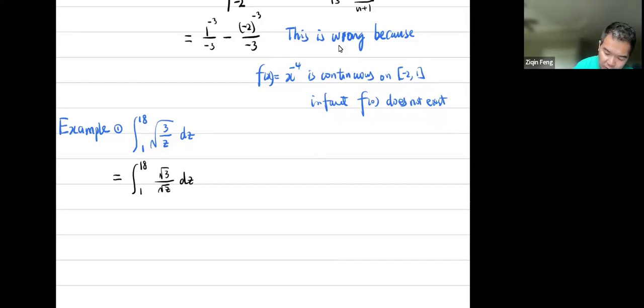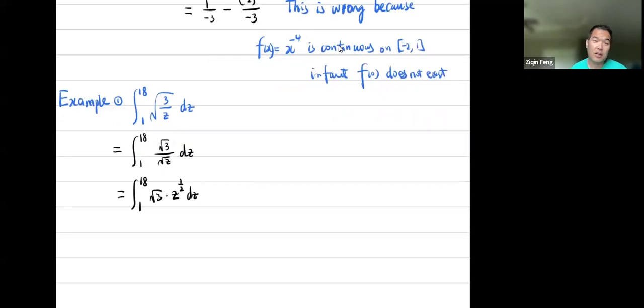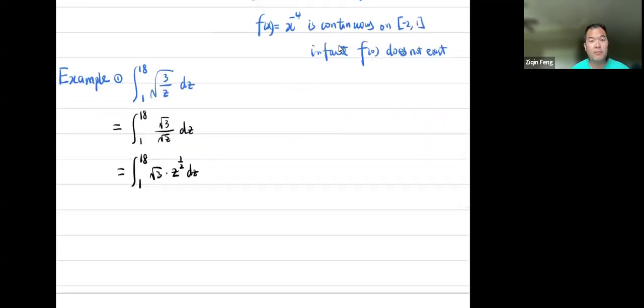So this is equal to integration from 1 to 18 of square root 3 times z to the negative 1/2. And negative 1/2 is not negative 1, so we can apply our formula. Also, on this domain from 1 to 18, z to the negative 1/2 is always defined.